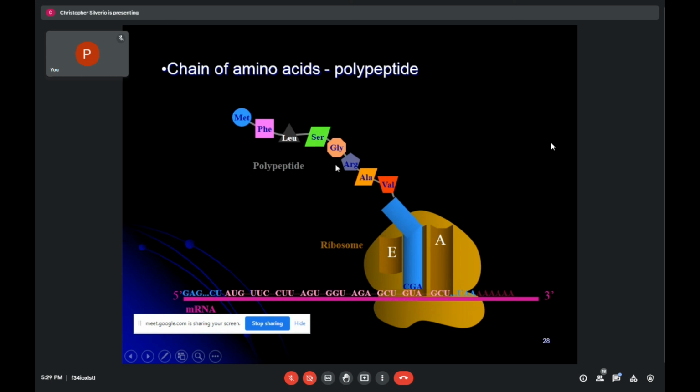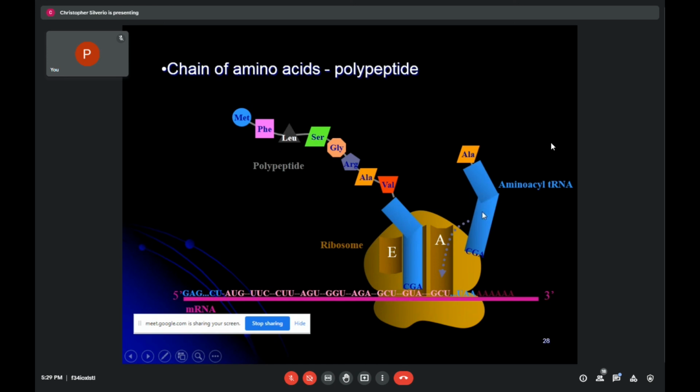GGU, glycine. AGA, arginine. GCU, alanine. And GUA, valine. So what will happen again to this transfer RNA? This transfer RNA will again move to the exit, and this polypeptide chain will be left behind.